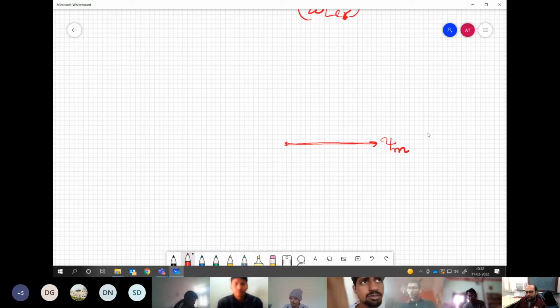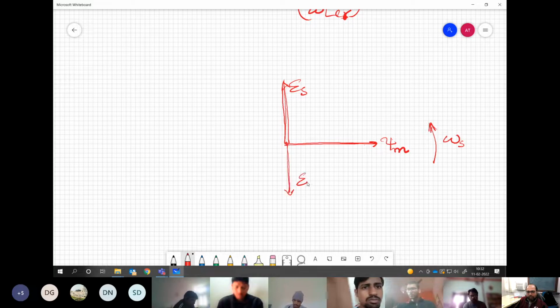Now, this is a positive sequence, which means it is rotating in the counterclockwise direction with the speed omega s. So where is my ES? ES is basically leading psi m because psi m is the result of ES. So ES is here. ES has generated psi m, and then psi m has generated ER. ER is lagging psi m by 90 degrees.